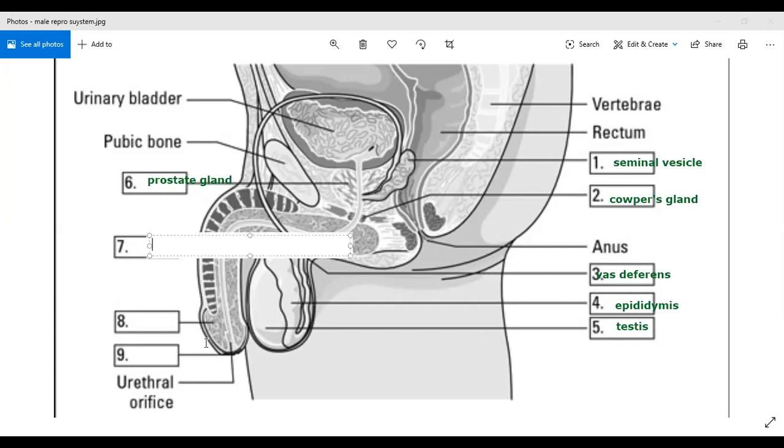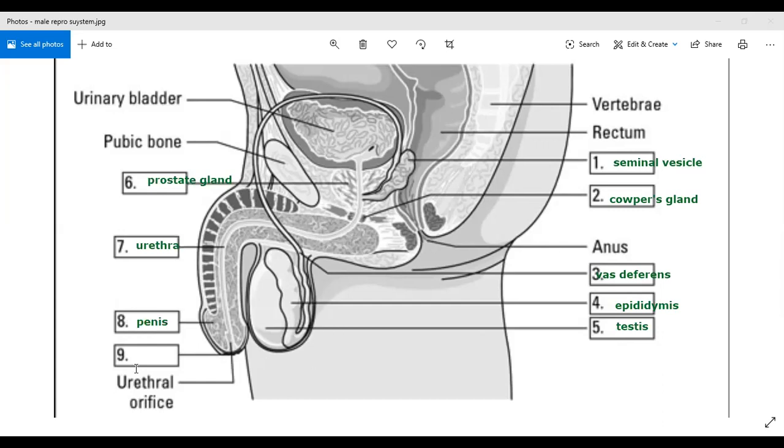Number 7, Ajani. Miss, I had the urethra. Number 7, yes, that is the urethra. Number 8, well, they kind of made it. All right. So number 8 is basically the head of the penis, but we can just label it as penis.